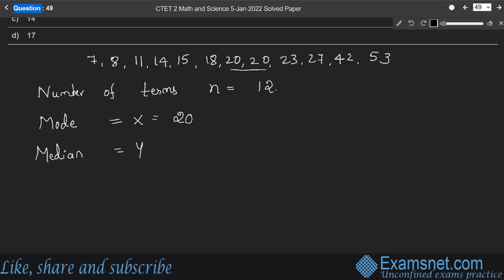And median y is equal to, for even number of terms, here number of terms is equal to 12.